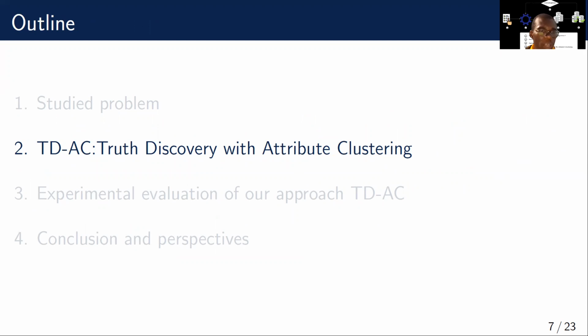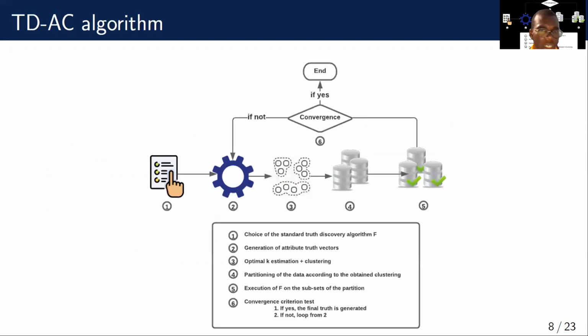To deal with this problem, we propose our method called TDAC. The TDAC algorithm follows 6 steps. First, we choose a standard truth discovery algorithm F. Second, we generate what we call the attribute truth vector, which is the main part of our work.